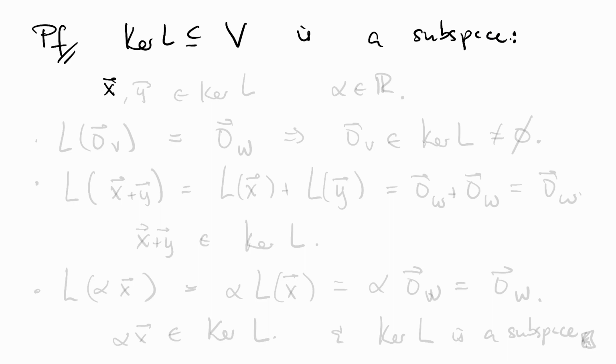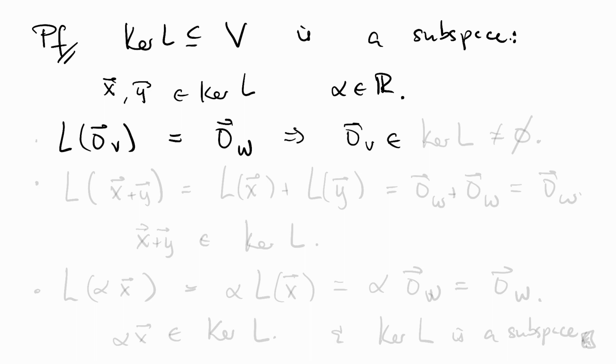So say we've got x and y in the kernel of L, and say we've got alpha in R. Well, we know that L of the 0 vector is equal to the 0 vector in W. This means that the 0 vector in V is in the kernel of L, and the kernel of L is non-empty.